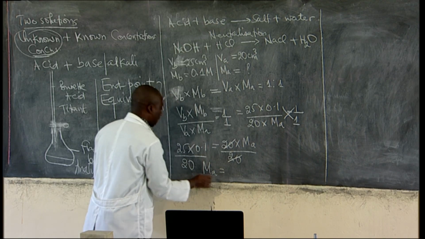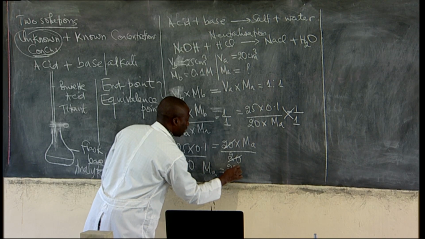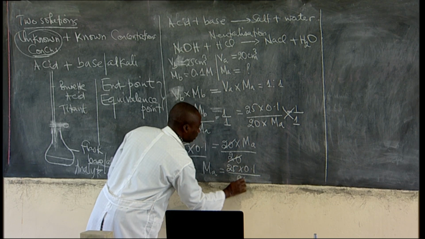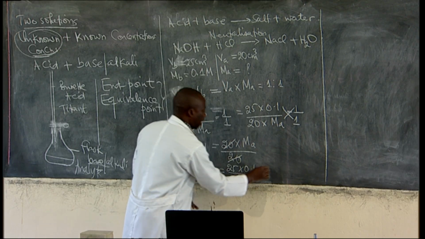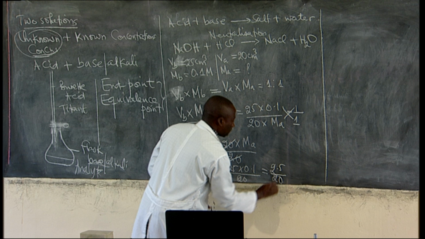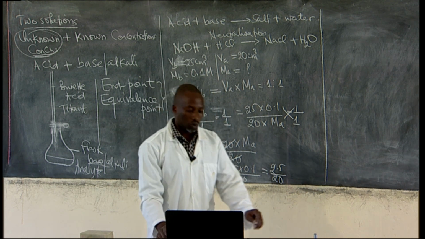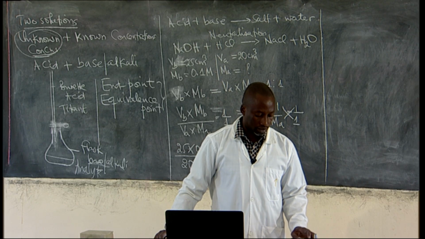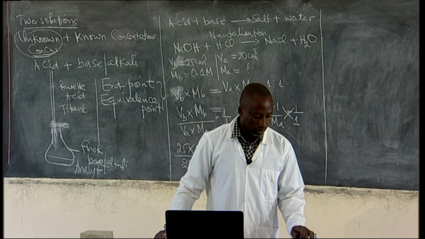So MA is equal to 25 times 0.1 over 20. When you simplify this, it is 2.5 divided by 20. Then you'll need a calculator, as I said earlier, to find the answer.